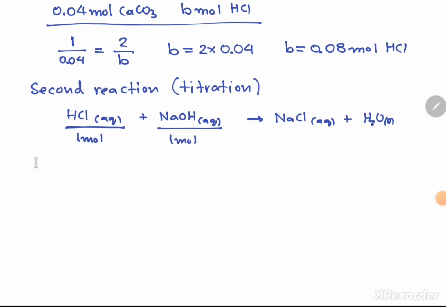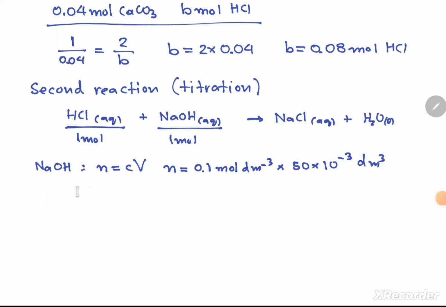We must find the moles of sodium hydroxide, which is equal to the concentration of the solution times the volume of the solution in dm to the cube. So the number of moles is 5 times 10 to the minus 3 mole.